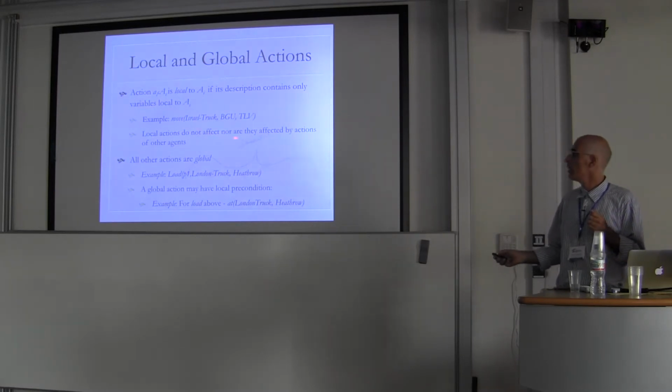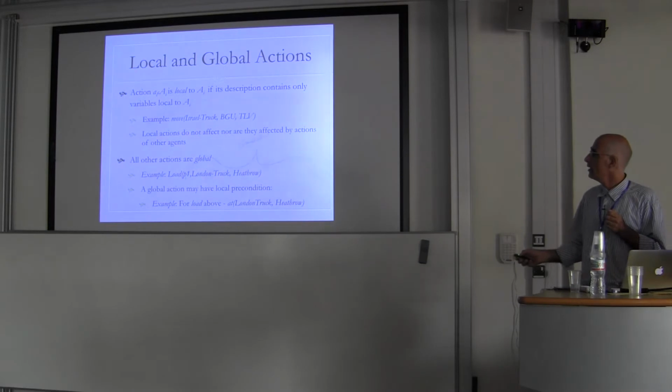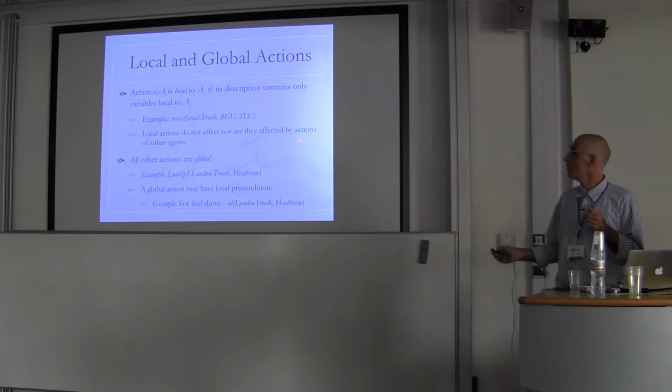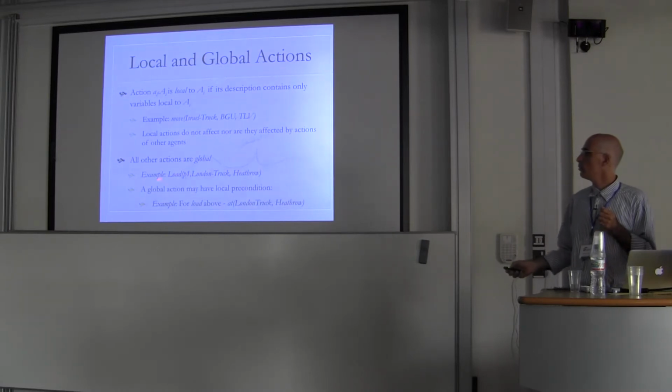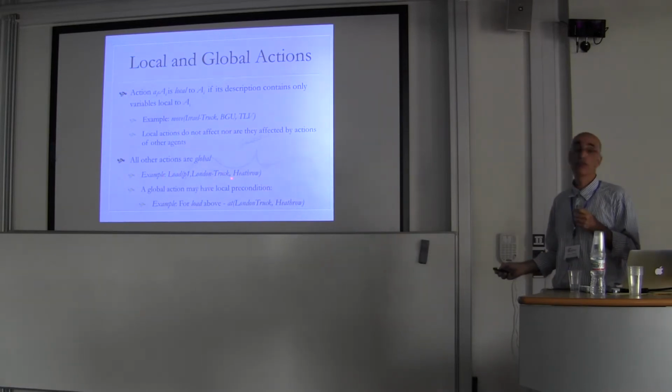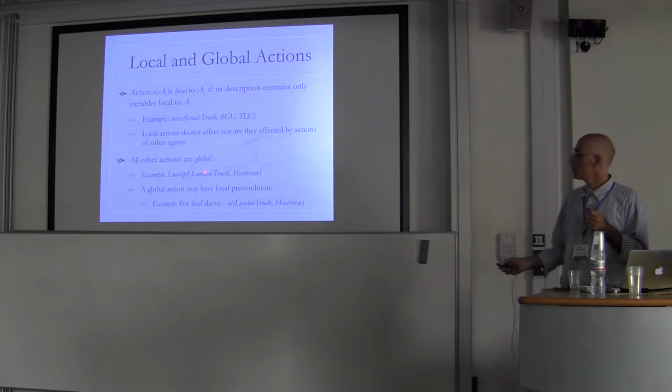Local actions do not affect, nor are they affected by, actions of other agents. There's nothing that other agents can do to impact the preconditions or the effects of this action. And all other actions we'll call global. So loading the package onto the London truck at Heathrow is a global action of the London truck. Why is it a global action?